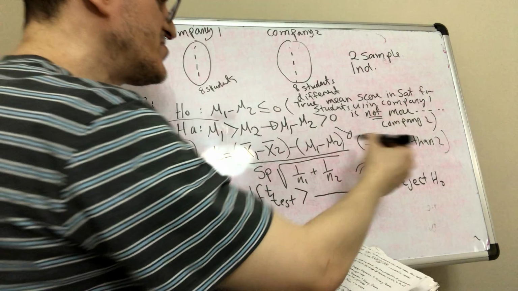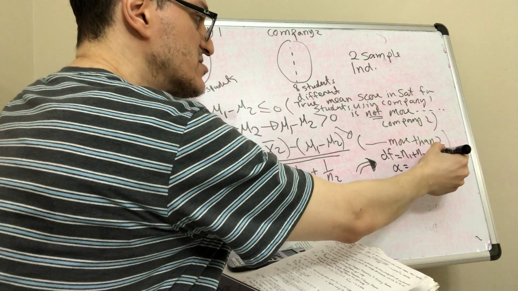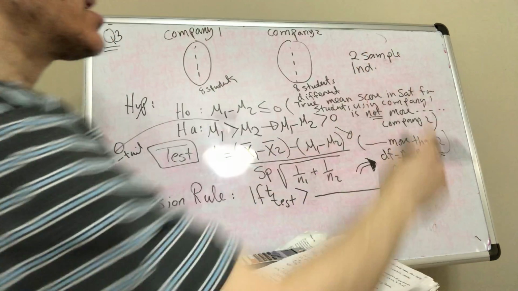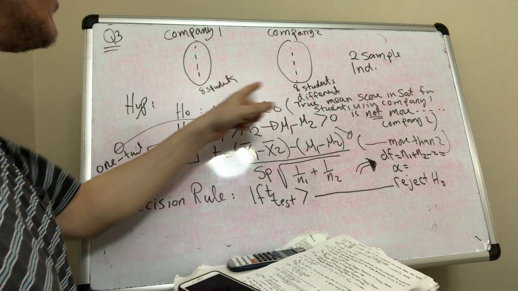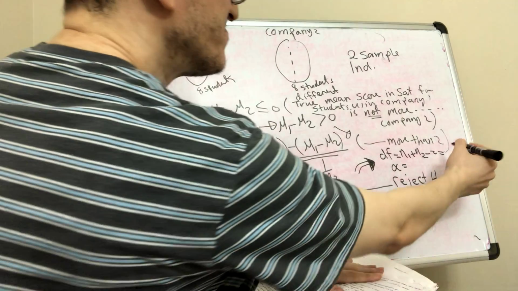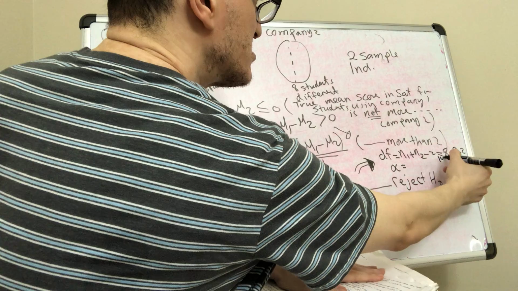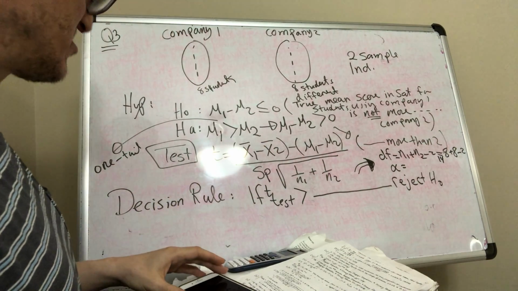Degree of freedom for this would be n1 plus n2 minus 2. Only for the two sample independent, we add them minus 2. So it's 8 plus 8 minus 2, it's 14. And we're doing this question.